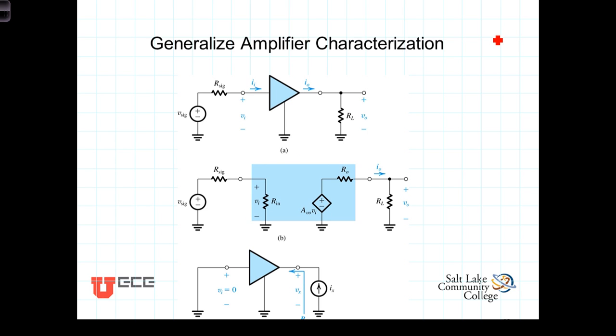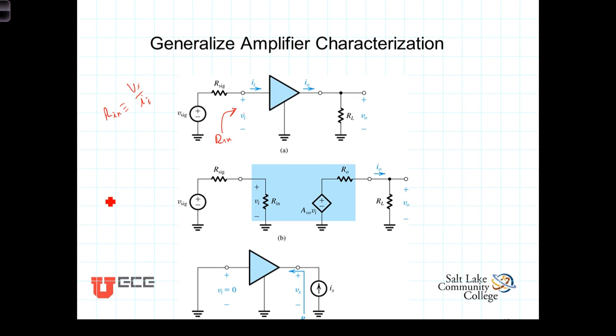amplifier configurations in terms of an input and output voltage, an input resistance Rin, which is defined as the ratio of the input voltage, the voltage that's actually applied to the input of the amplifier, divided by the current that flows into the amplifier.